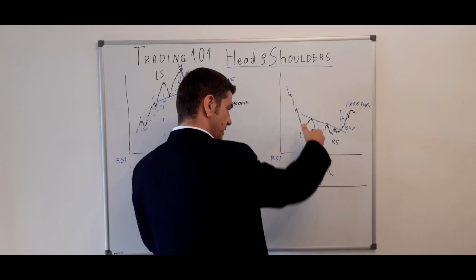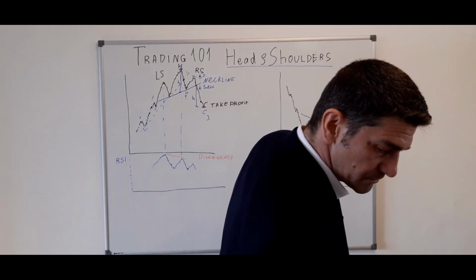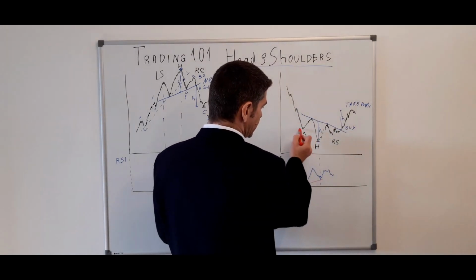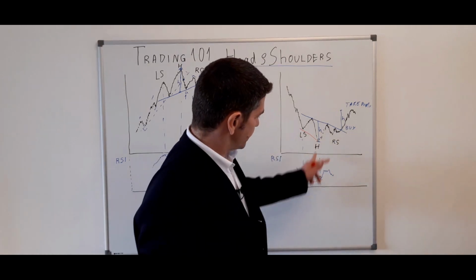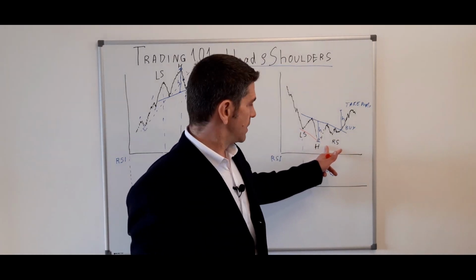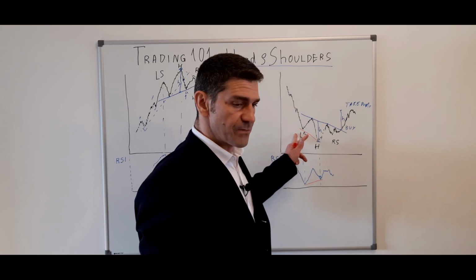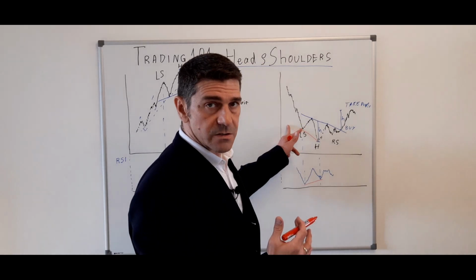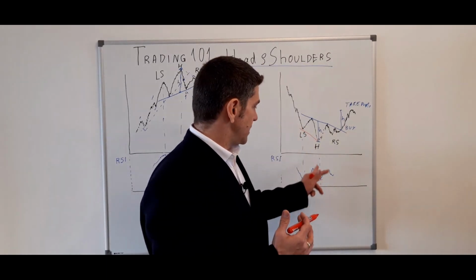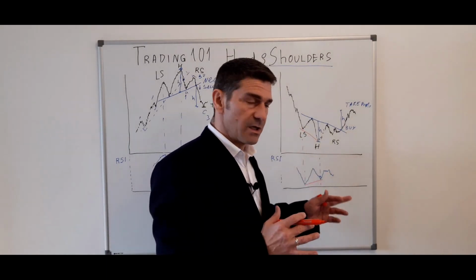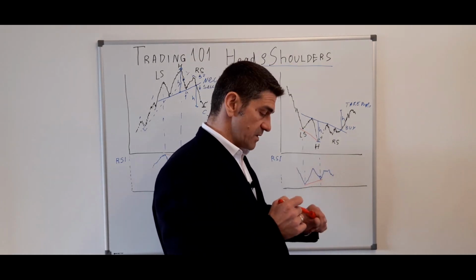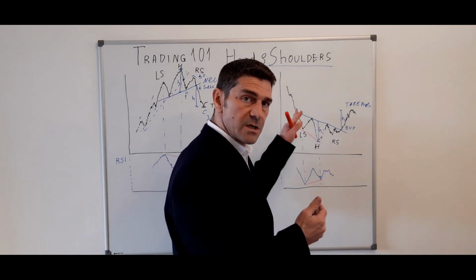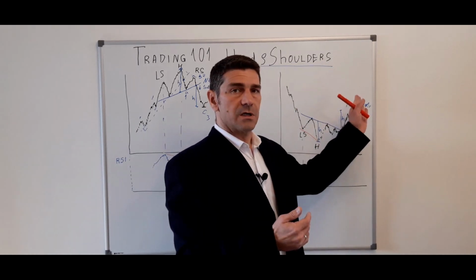This divergency between the prices and the dips in the indicator tells us that actually the prevailing group, in this case the sellers, the bears, are a bit exhausted, which is the first signal that it might happen a reversal from this downtrend up to uptrend.